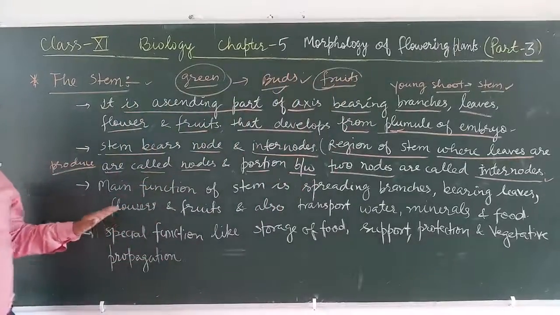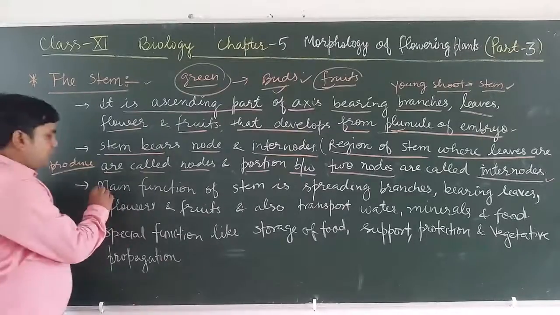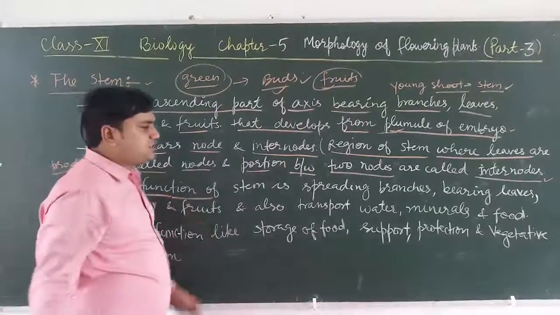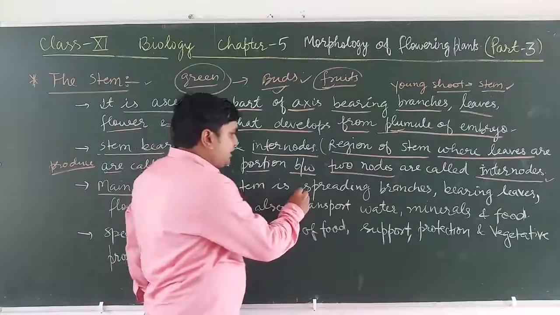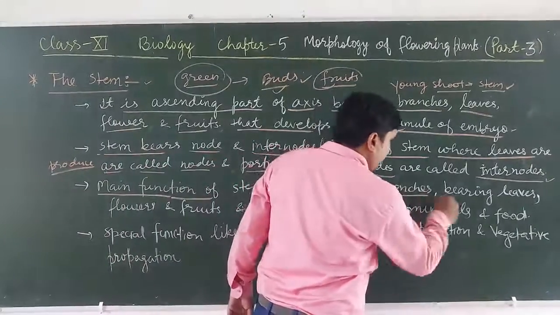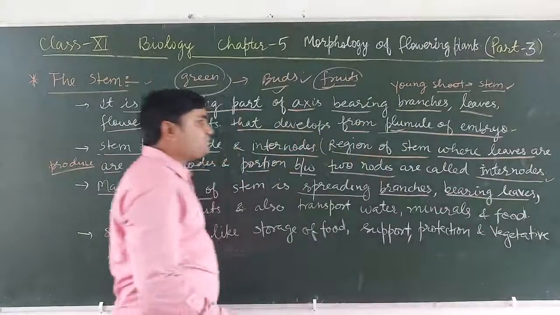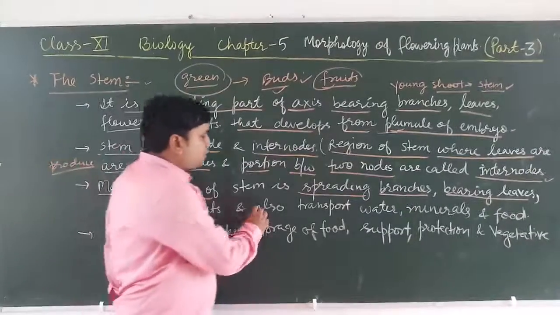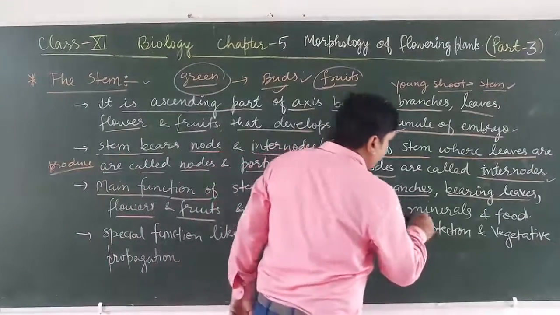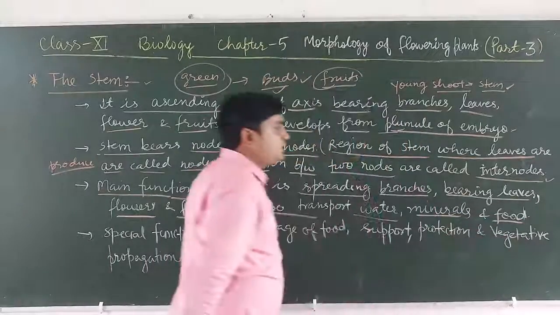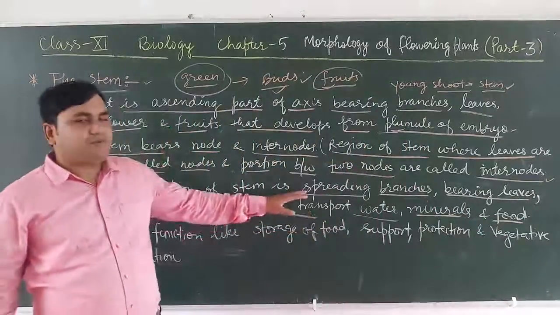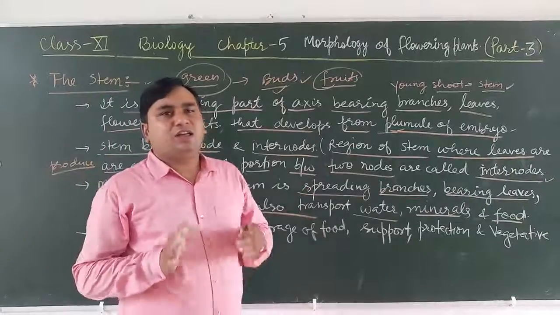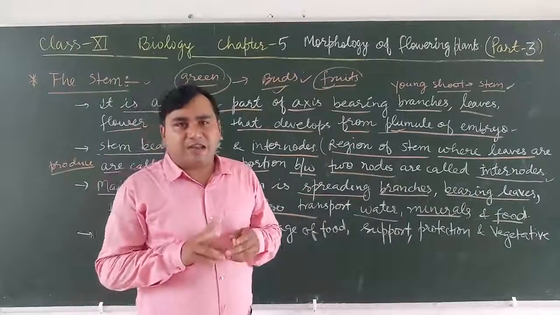And next, the main function of the stem is spreading the branches of the plant, bearing leaves, flowers and fruit, and also transporting water, minerals and food. This water and minerals are generally transported by the xylem.